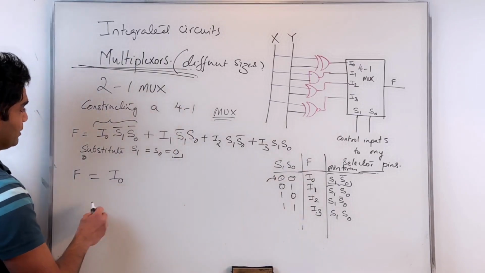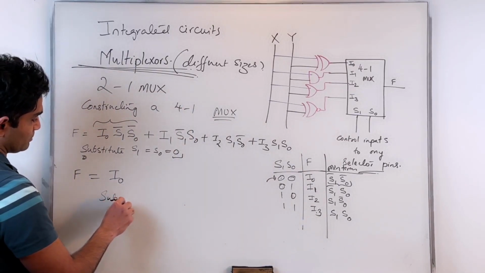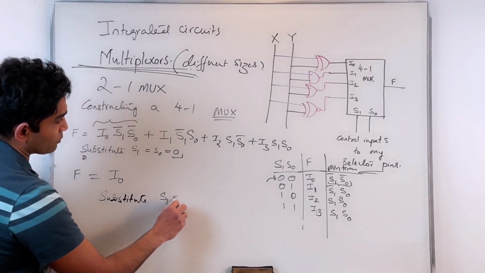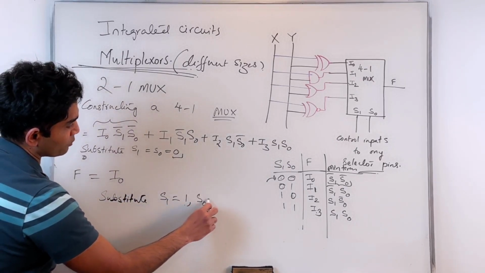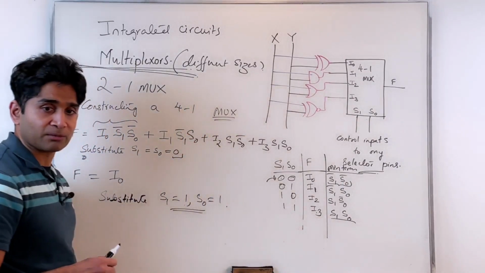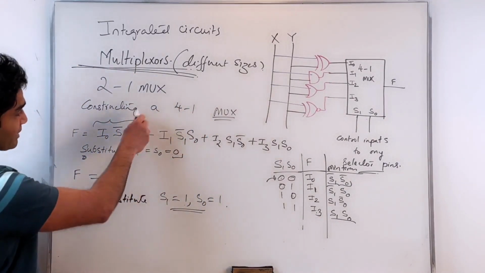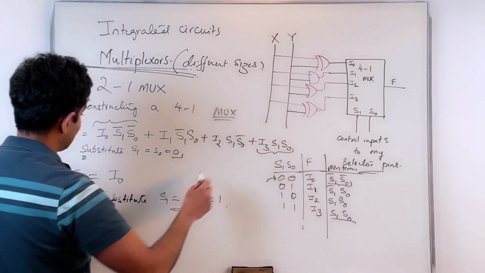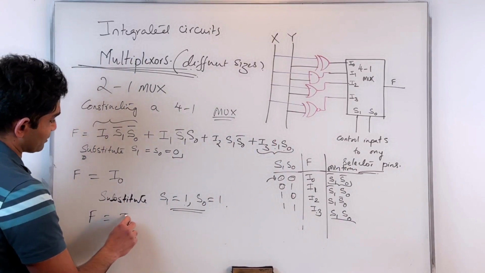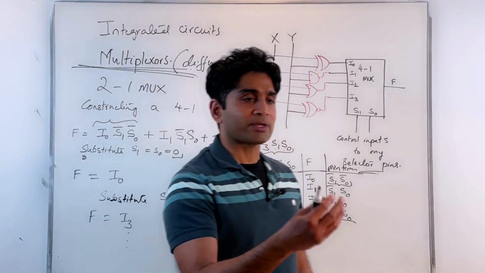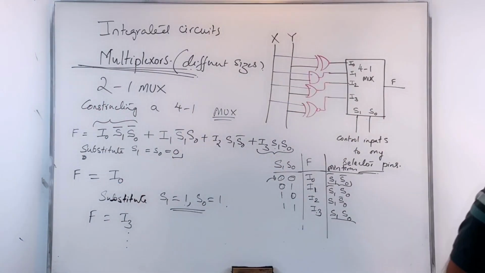And you can check for other combinations. Let's say, substitute S1 equal to 1, S0 equal to 1, which corresponds to this minterm combination that provides a 1 at the output. Everything else goes to 0 except the last term, because 1 times 1 is 1, and I get my function f as I3, and so on. So that's how I can implement a simple multiplexer at the fundamental gate level.